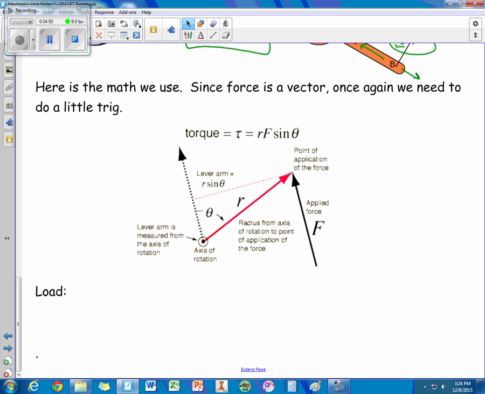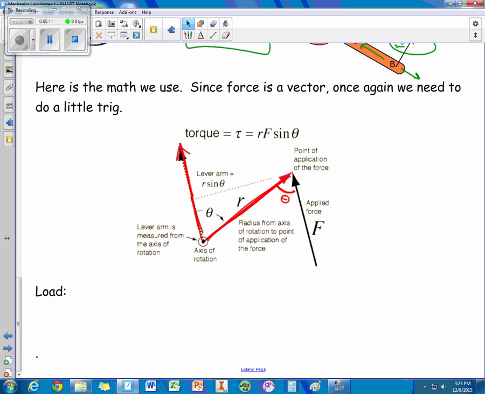So here we have this red bar, and we want to rotate it to right here. And we see that we have this force being applied, and this force is being applied at some angle theta.